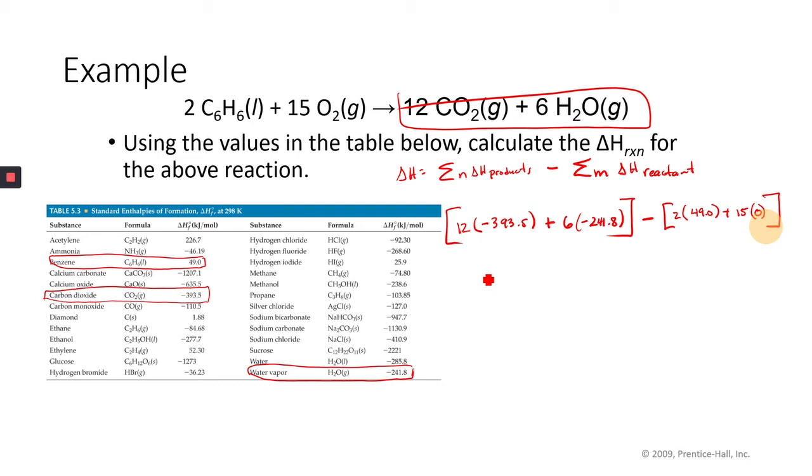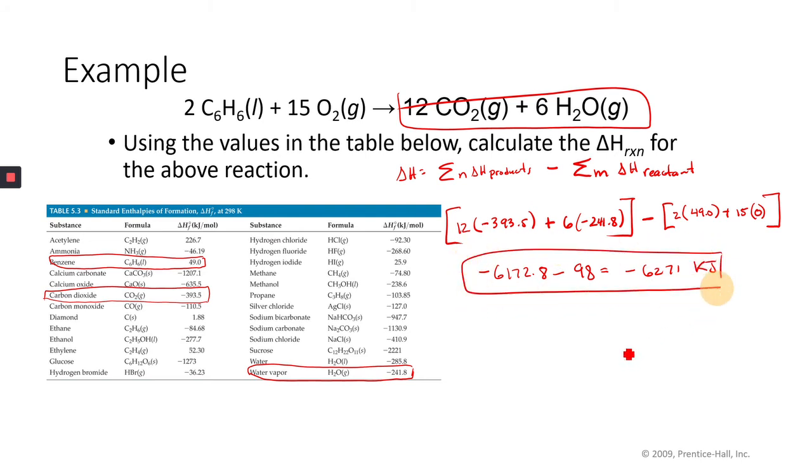So when you multiply and add, you get this would be the heat of the reaction. So delta H of the reaction is negative 6,271 kilojoules.